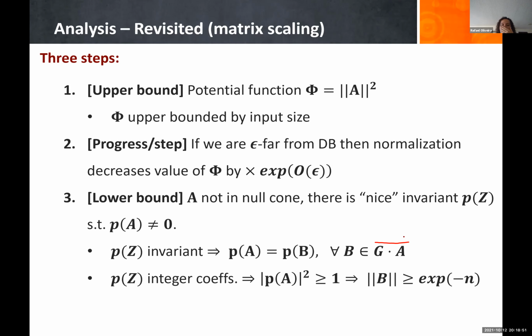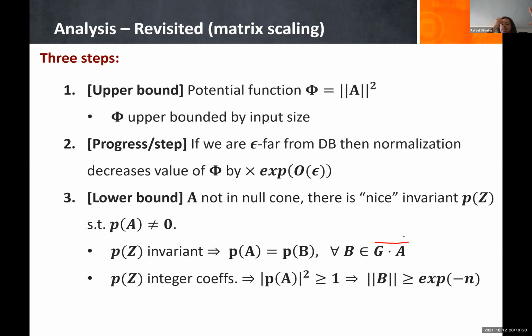Okay. And now, what is nice about this invariant is that if P is a polynomial with integer coefficients and our matrix A is an integer input, then P of A being different from 0 means that the absolute value of P of A is an integer. And if it's an integer, this absolute value is greater or equal to 1.